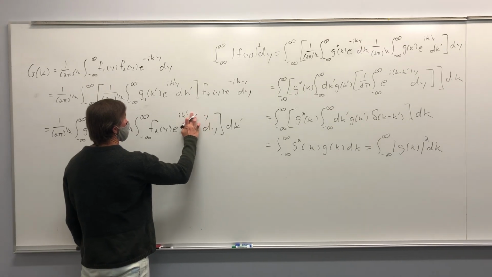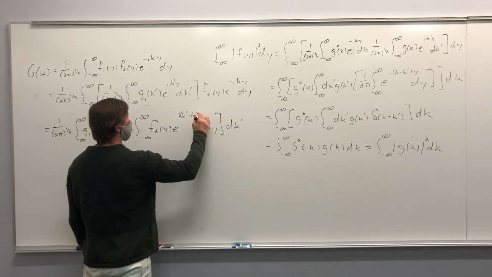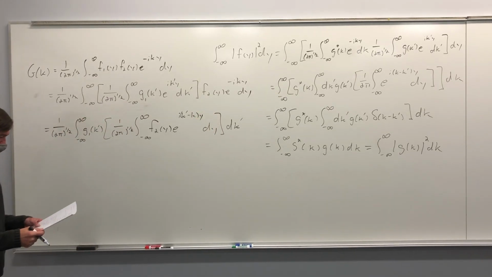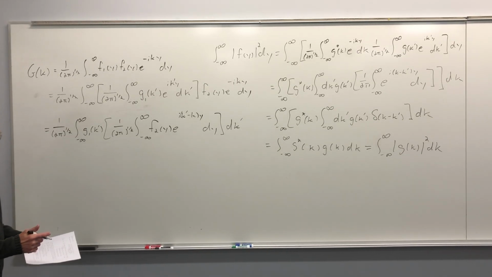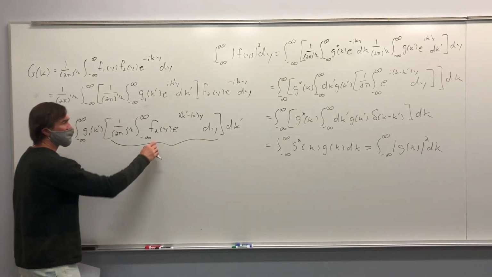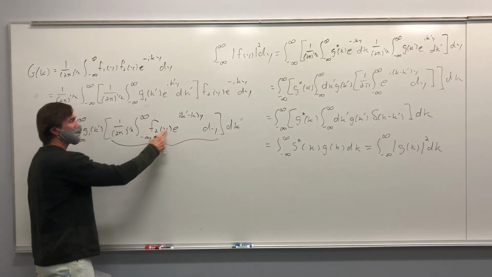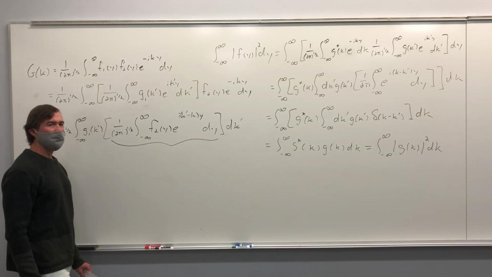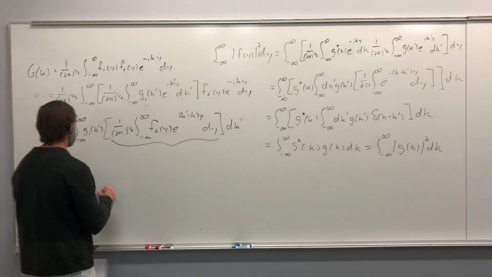Yes, please do. I mean, this looks a lot like the Fourier transform of f2y, except for that k prime minus k. Maybe it's G2 of K prime minus K. Exactly.